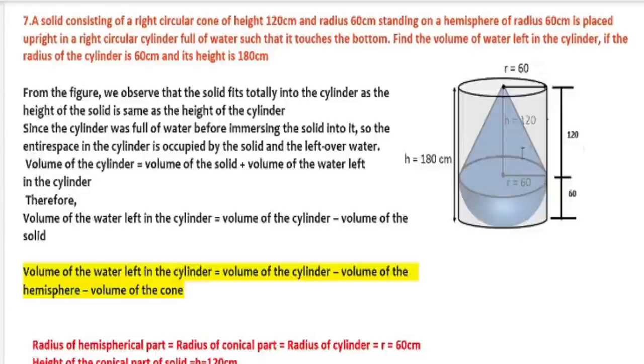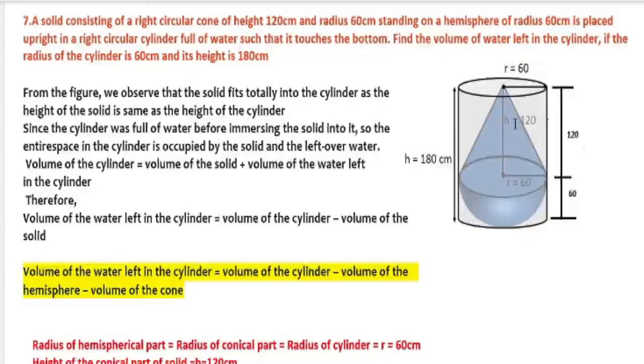And inside this cylinder a solid is there. A solid consists of a circular cone and a hemisphere is placed inside this cylinder. So this solid inside the cylinder consists of cone and hemisphere. The height of the cone is given.